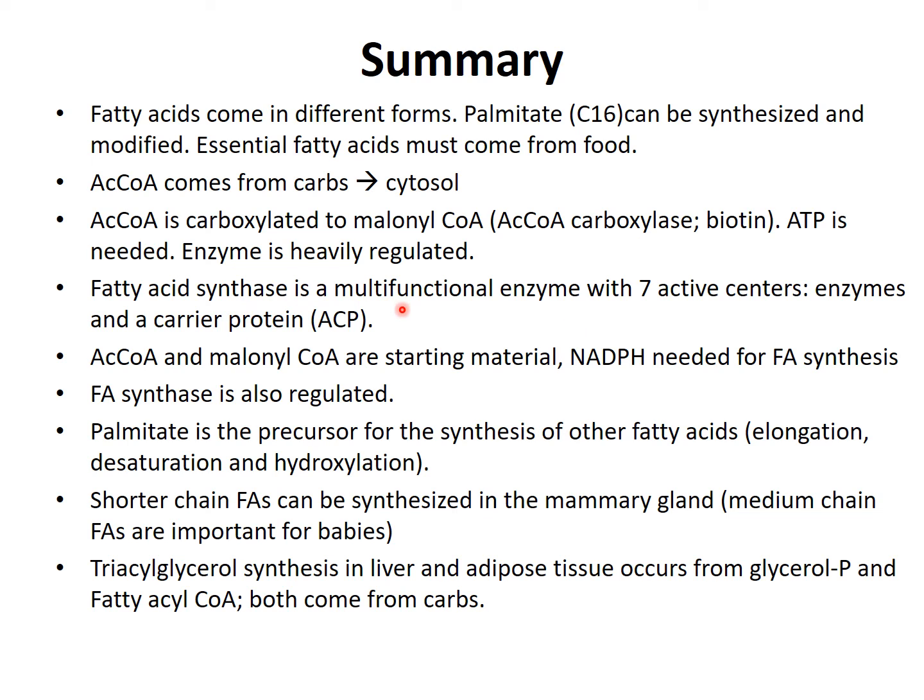Then the multifunctional enzyme fatty acid synthase takes over and produces the palmitic acid. So acetyl coenzyme A, malonyl coenzyme A, NADPH, and ATP are needed to synthesize fatty acids.